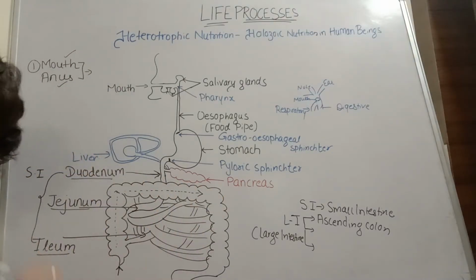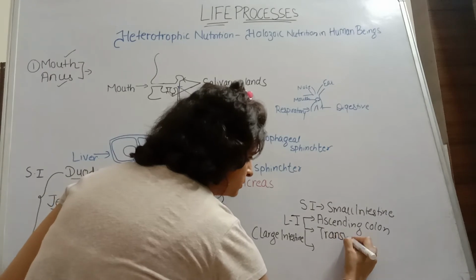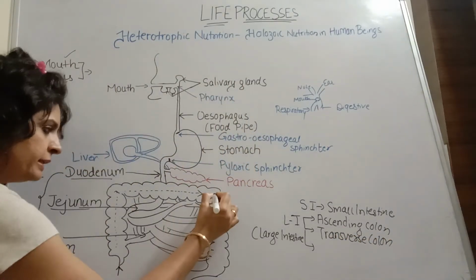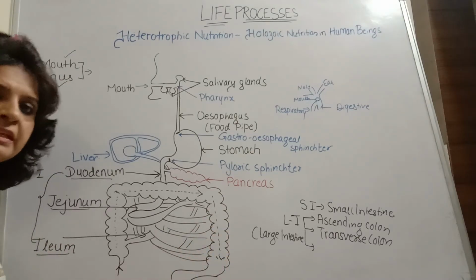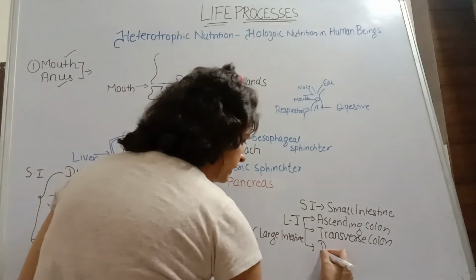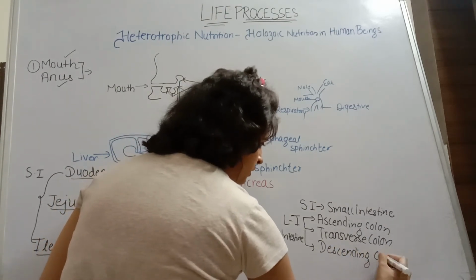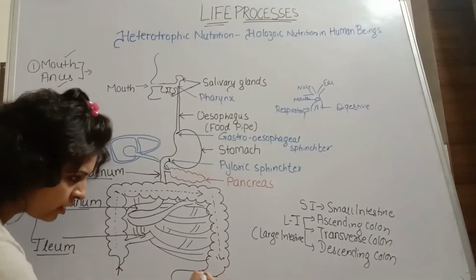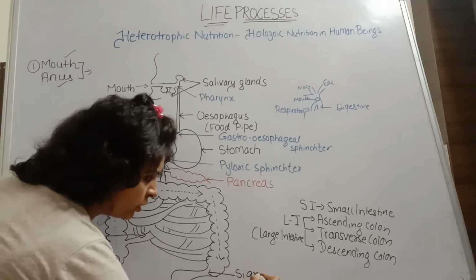Then it is the transverse colon. Then it is coming downward. So what would be its name? Yes, it is the descending colon. And finally, a comma-shaped structure here. So this is the sigmoid colon.